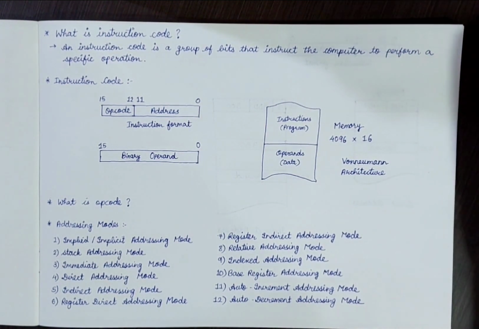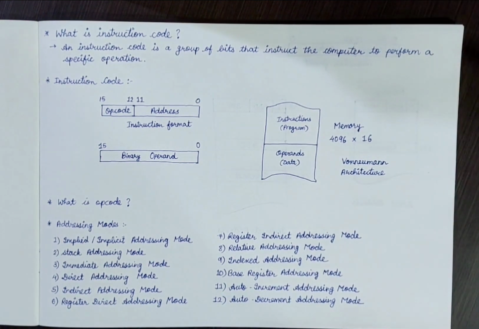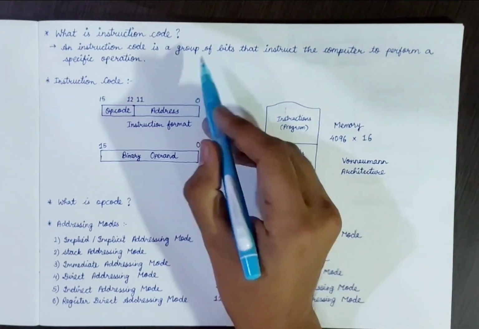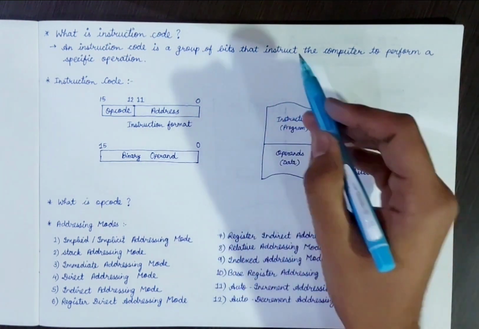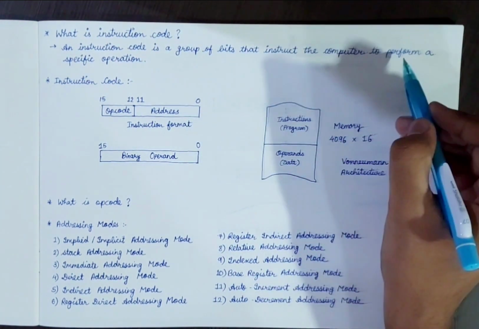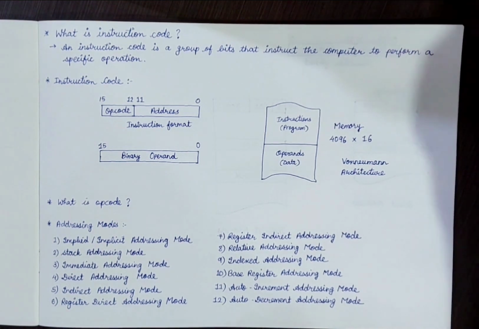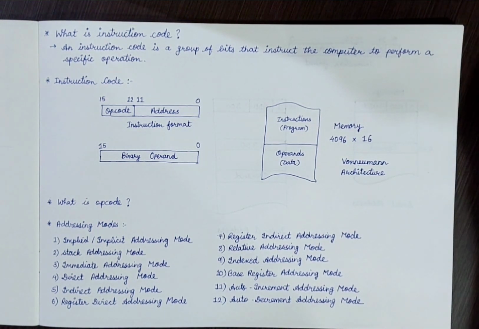When a programmer writes a program, it is converted into assembly language, and then that assembly language is converted into machine code. That machine code is the group of bits which instruct the computer to perform a specific operation on the operands which the programmer has written.